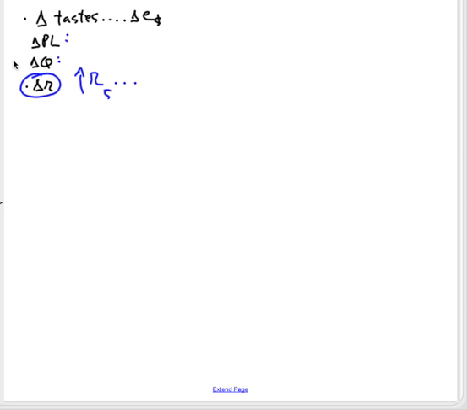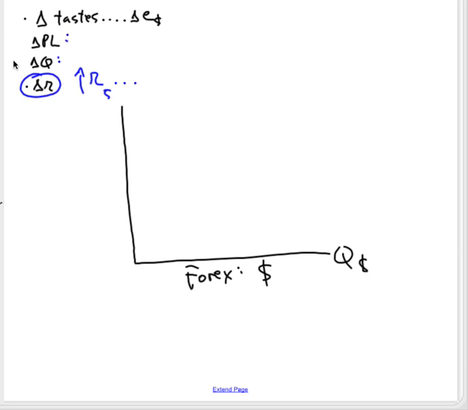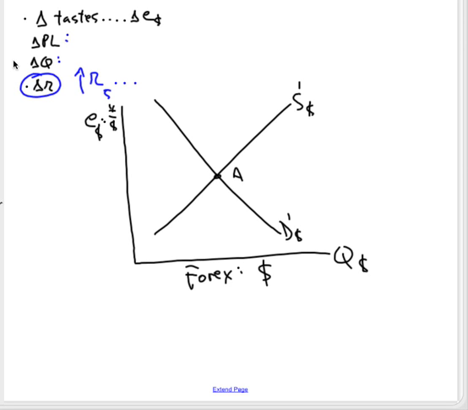But if the interest rate in Japan rises relative to the US interest rate, what will happen in the foreign exchange market for dollars?